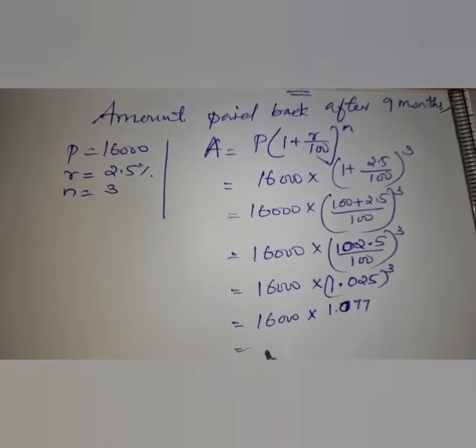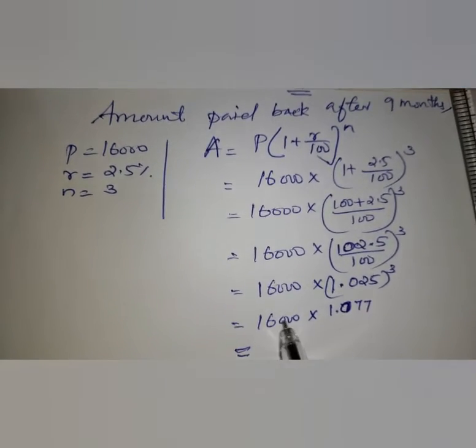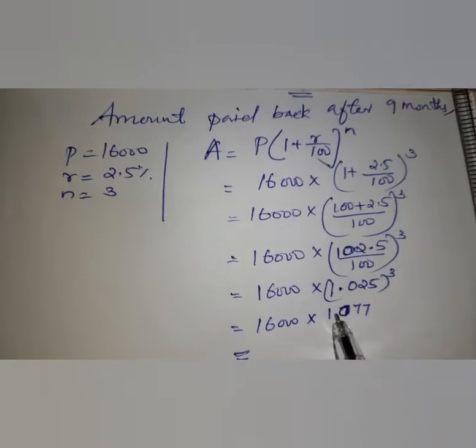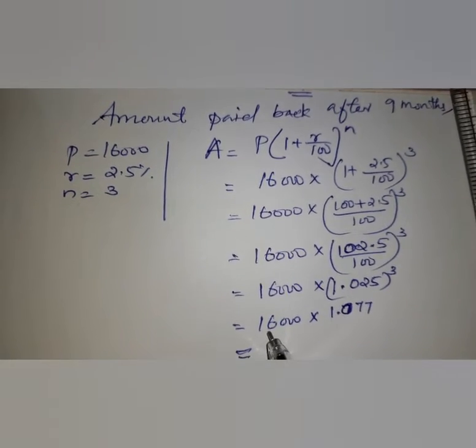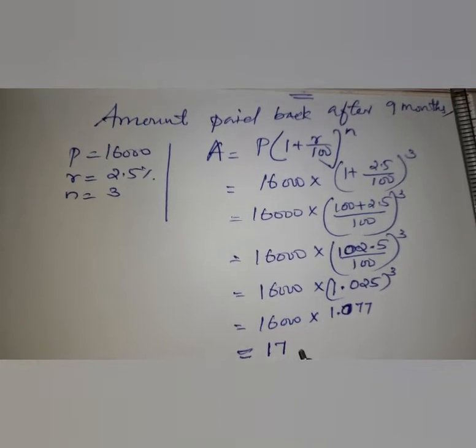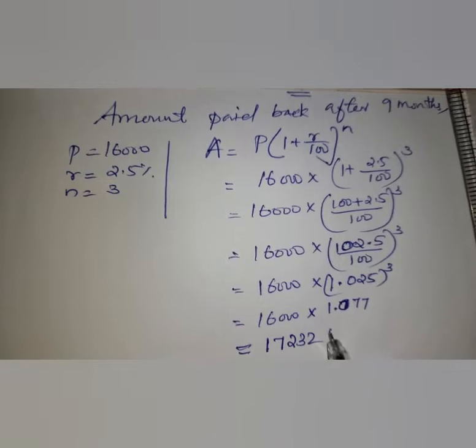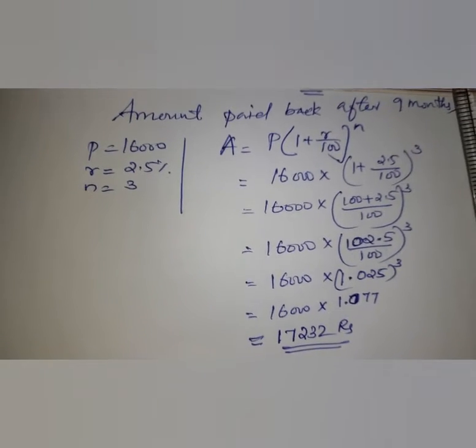If you multiply, 3 decimal points are there, so 3 decimal points should be removed. So 1077 into 16 you have to multiply. You are getting the answer as 17,232 rupees as the final amount we have to settle.